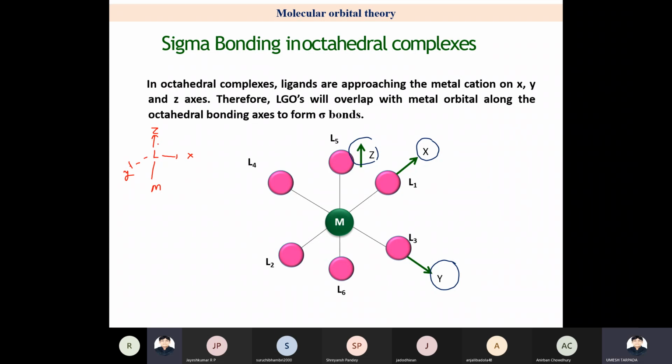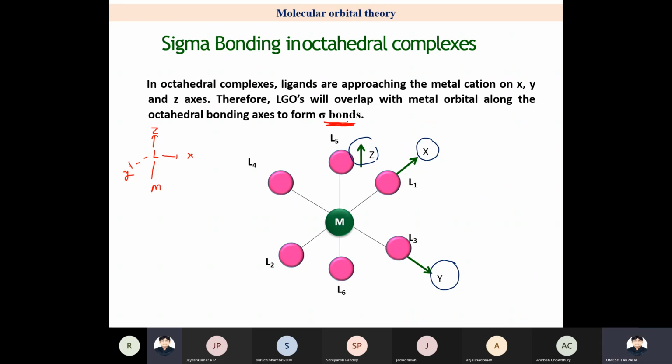So the z axis is responsible for forming a sigma bond because z is along the axis. In an octahedral complex, ligands approach the metal cation on the x, y and z axes, and therefore the ligand group orbitals overlap with metal orbitals and form the sigma bond.